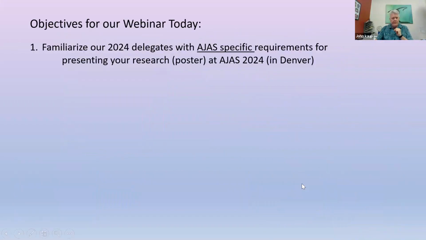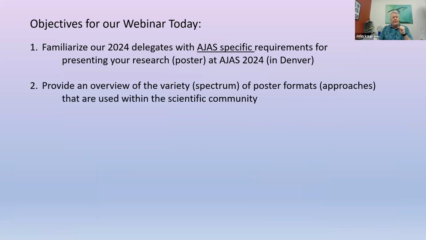Let me click here. So these are objectives. One thing we want to do is talk to you about the specific requirements for presenting your poster. So we'll hit that. We'll talk about an overview of some different types of poster formats. We will talk about best practices in poster design and give you some ideas of what you might want to use in that process.